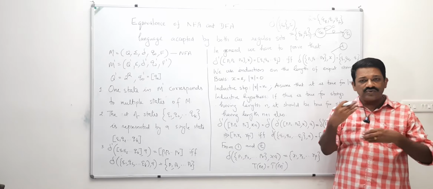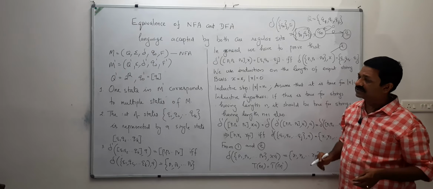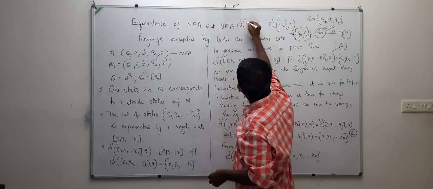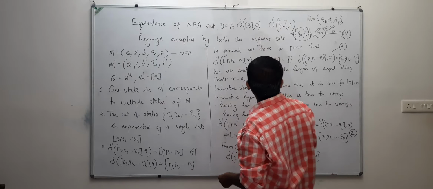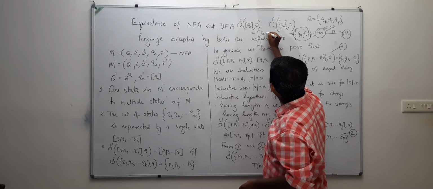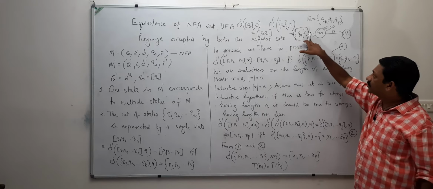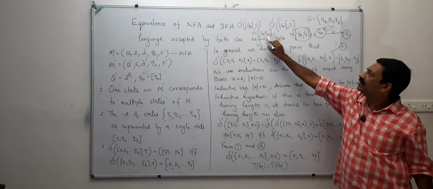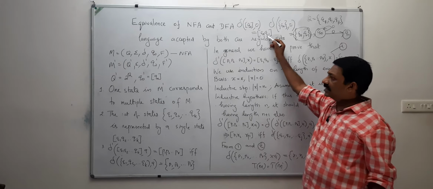When you are converting this to its equivalent DFA, what will happen? This [Q0, Q1] represents a single state. That means delta of Q0, the start state, upon receiving 0, is equal to the state [Q0, Q1]. This Q0 and this Q1 collectively form a single node, a single state here.